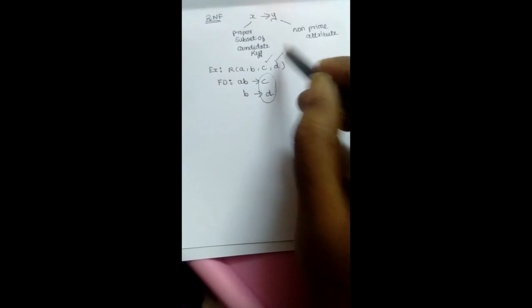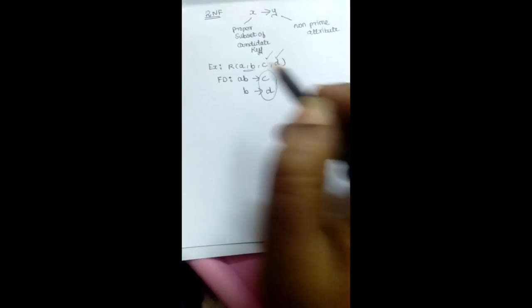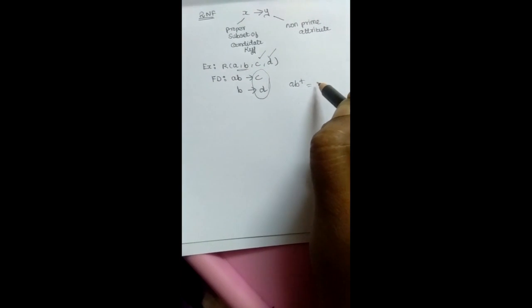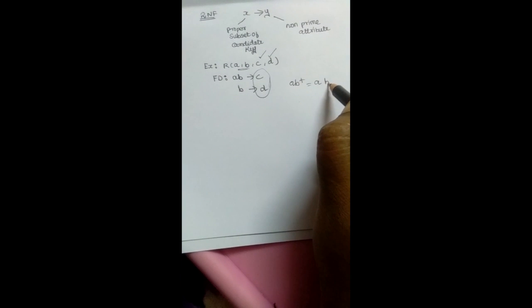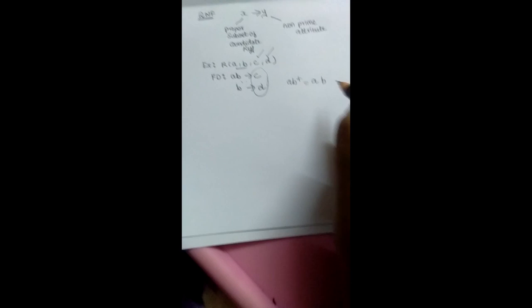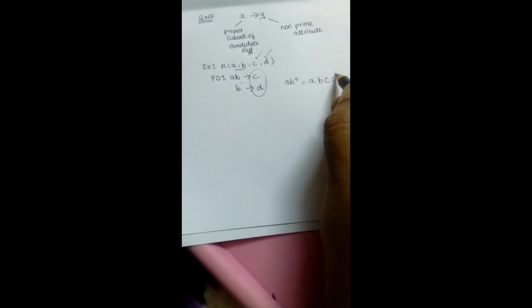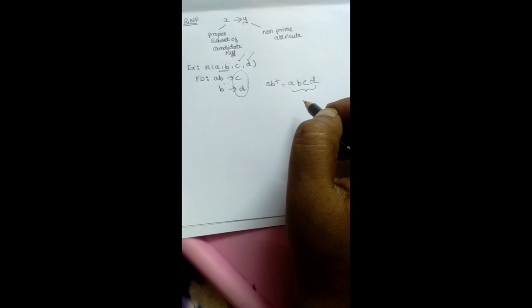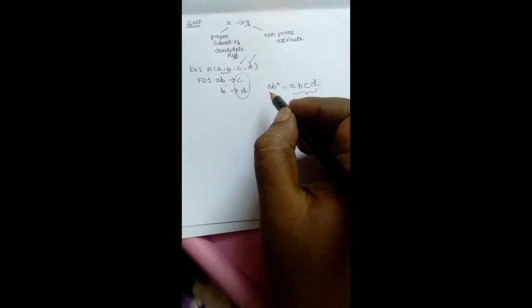Now we find AB closure. The A variable exists, the B variable exists. With the help of A, B, we can obtain the C variable. With the help of B, we can obtain the D variable. So AB closure obtains all four variables. Therefore, AB is considered a candidate key.